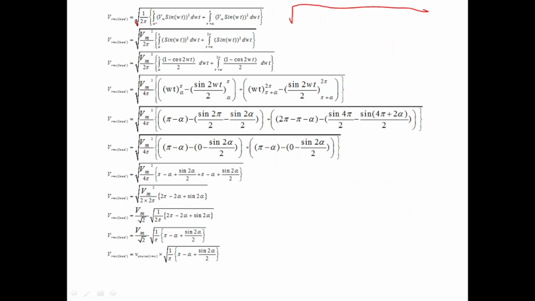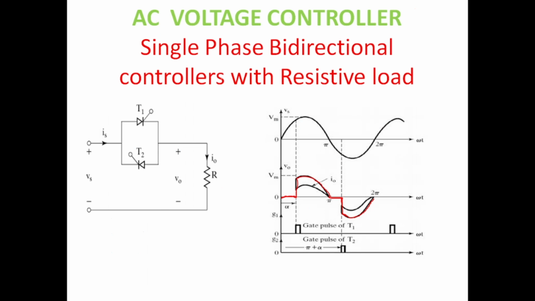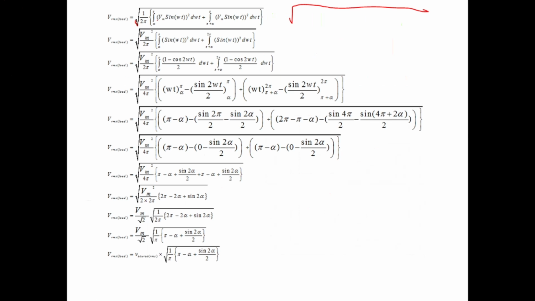Because in the previous screen, from 0 to alpha the output is 0, we need to start integrating from alpha, and we go till pi. We have taken the square of Vm sin omega t because we need the root mean square.